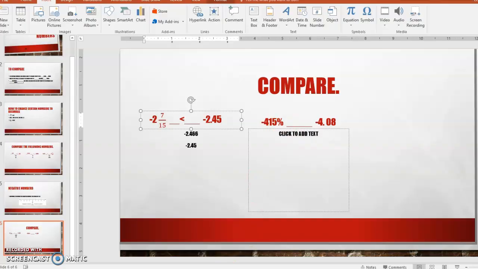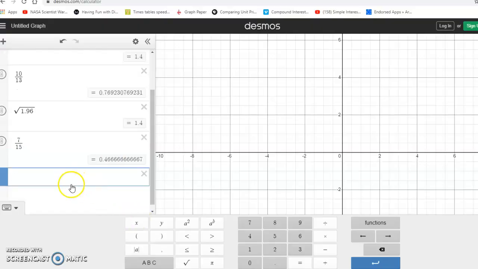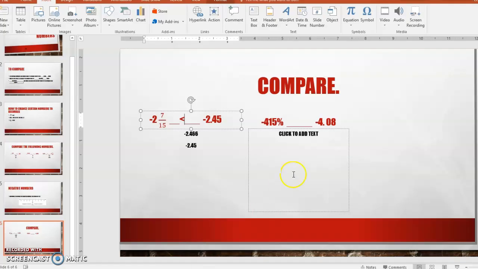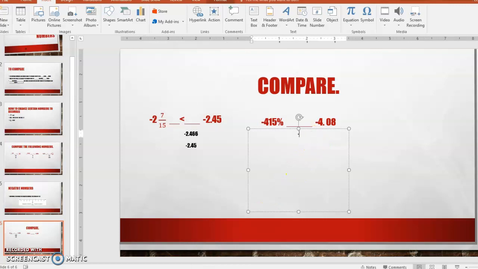Okay, -415%. Remember I showed you that for that percent, I'm not going to worry about the negative sign. That's not important. I'm going to put 415 divided by 100, and that's 4.15. So I'm going to put -4.15, and then we're comparing it to -4.08.